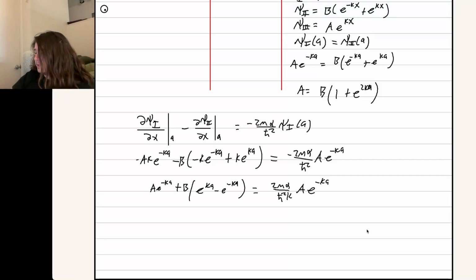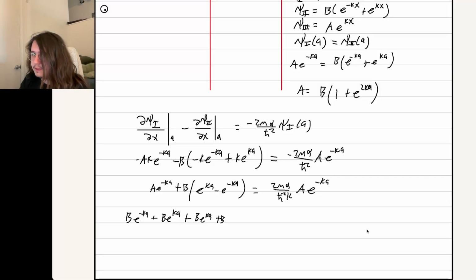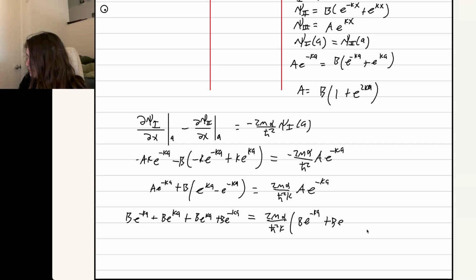And then we can plug in our expression for A, which we found from the first boundary condition. So we find that it's B e to the minus ka plus B e to the positive ka plus B e to the ka plus B e to the minus ka equals 2m alpha over h bar squared k times B e to the minus ka plus B e to the ka, right?